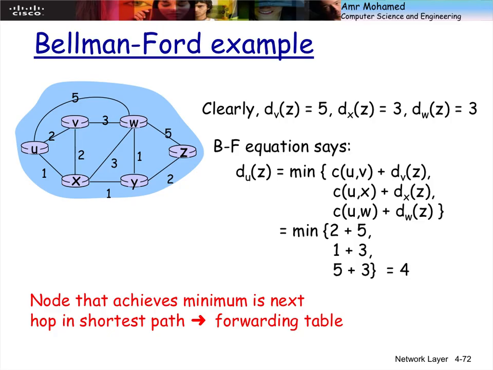So I receive a distance from node V, from node X, and from node W. So all I need to do is say, okay, I can apply this: from U to V plus VZ, from U to X plus XZ, from U to W plus WZ. I need to apply this. Which one is the minimum? 1 plus 3. That is through X.